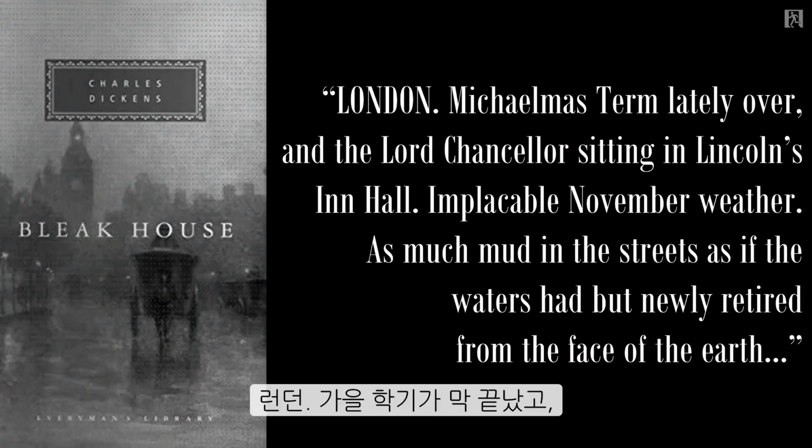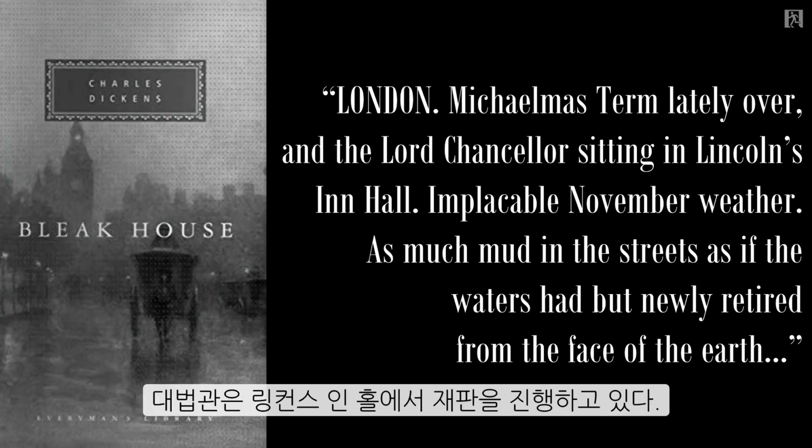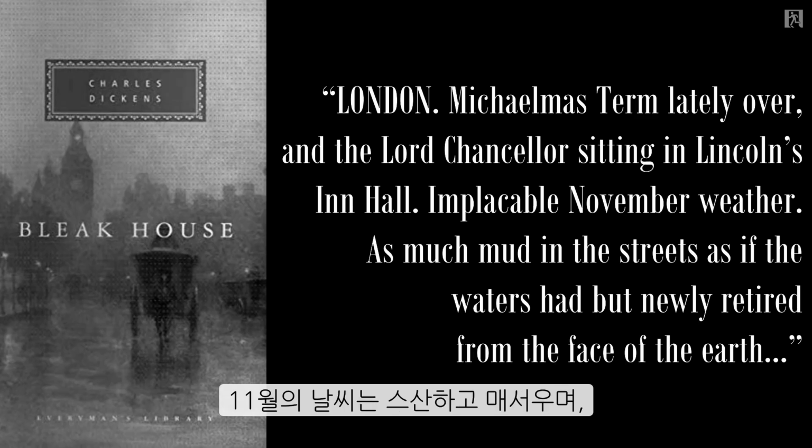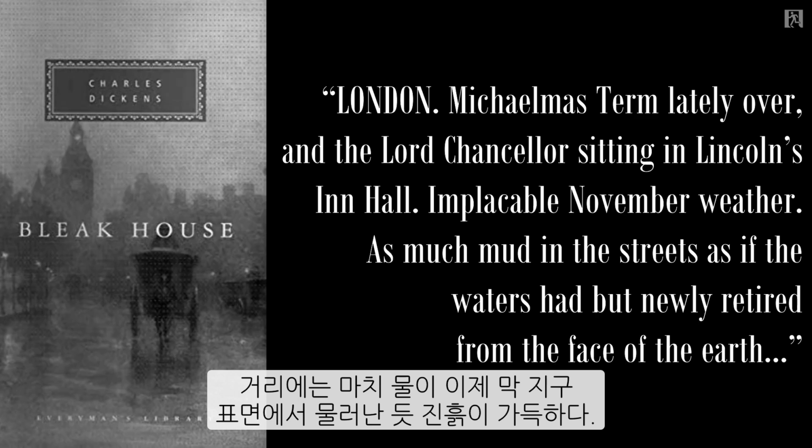"London. Michaelmas term lately over, and the Lord Chancellor sitting in Lincoln's Inn Hall. Implacable November weather. As much mud in the streets as if the waters had but newly retired from the face of the earth."